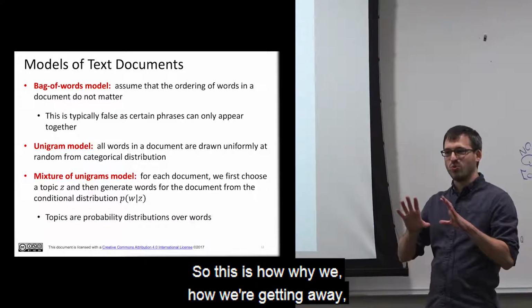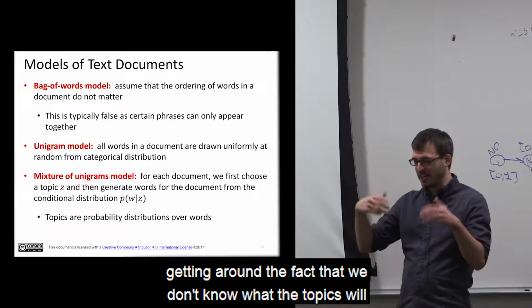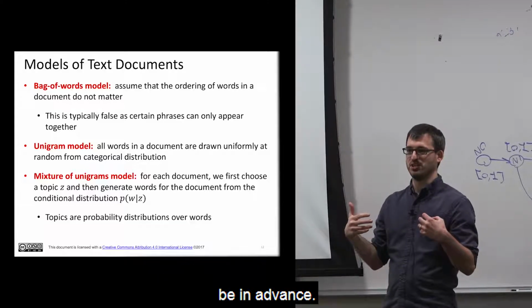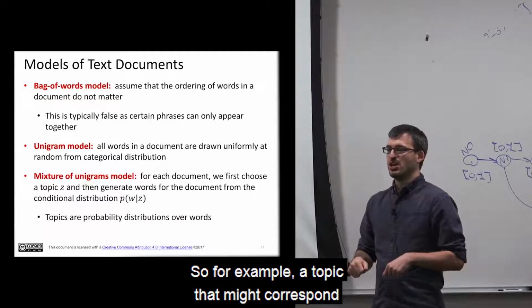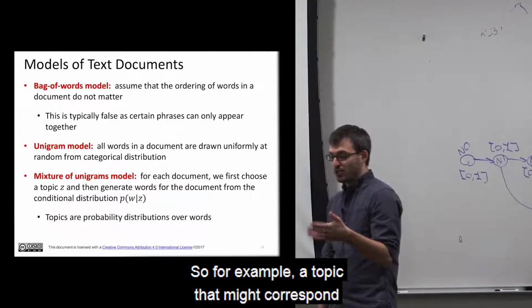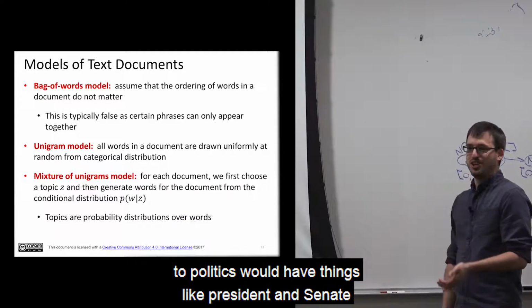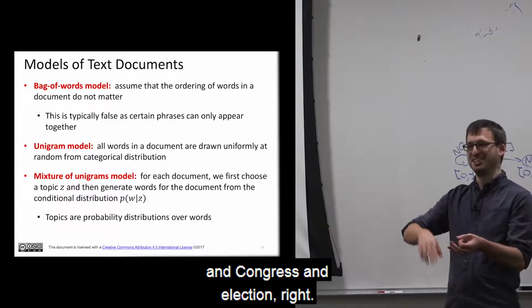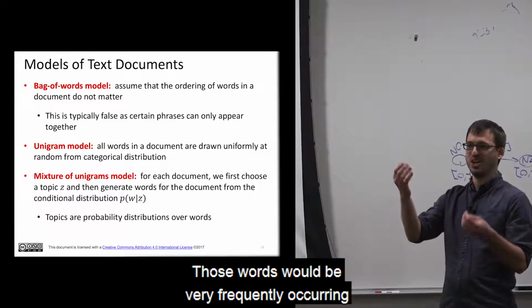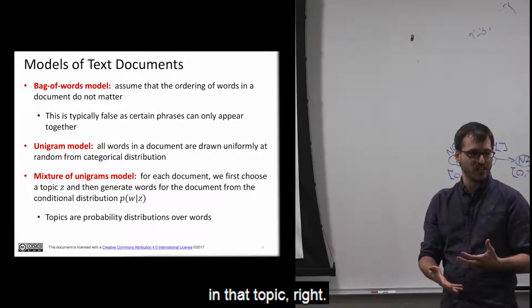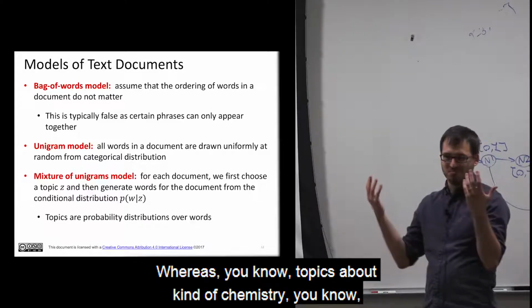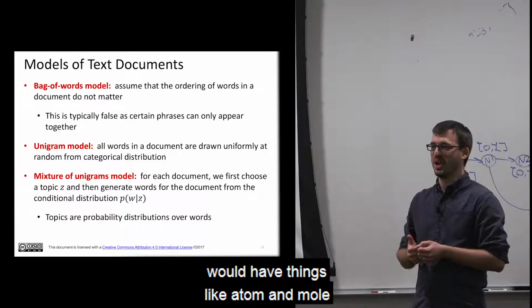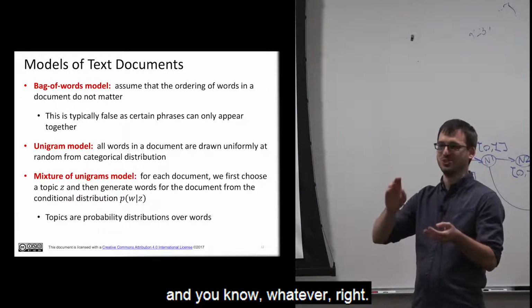This is how we're getting around the fact that we don't know what the topics will be in advance. For us, a topic is just a probability distribution over words. For example, a topic that might correspond to politics would have things like president and Senate and Congress and election. Those words would be very frequently occurring in that topic. Whereas topics about chemistry would have things like atom and mole and whatever.